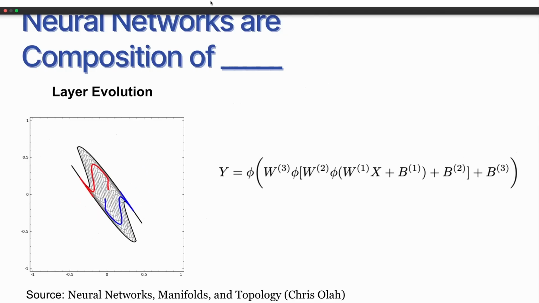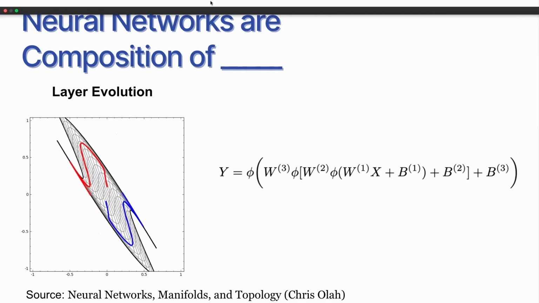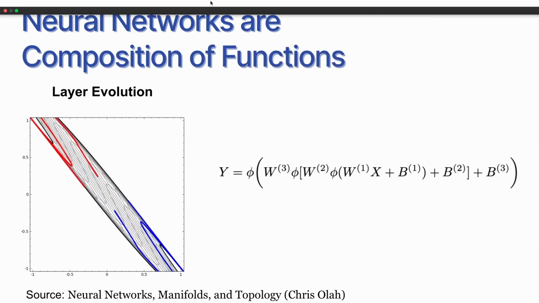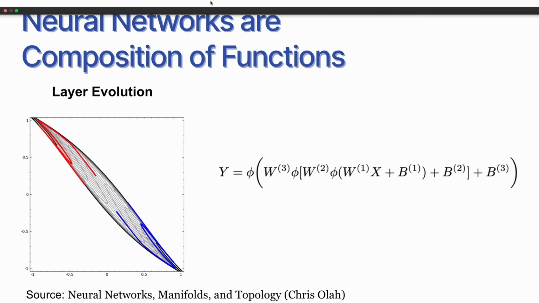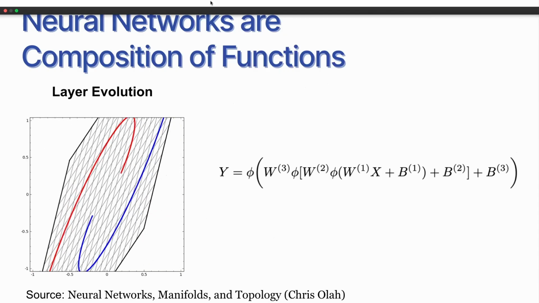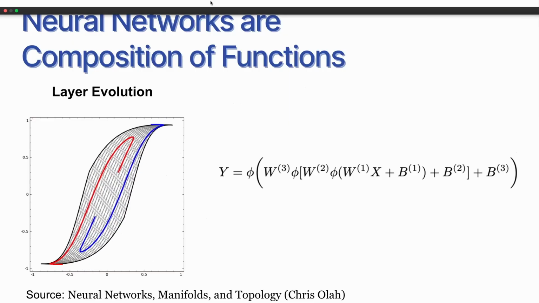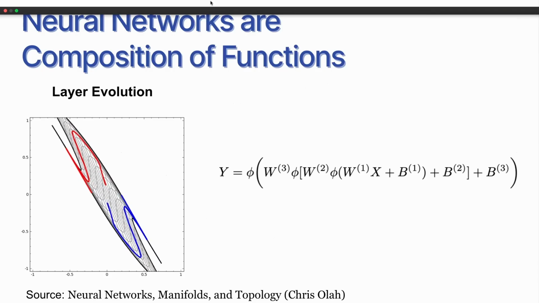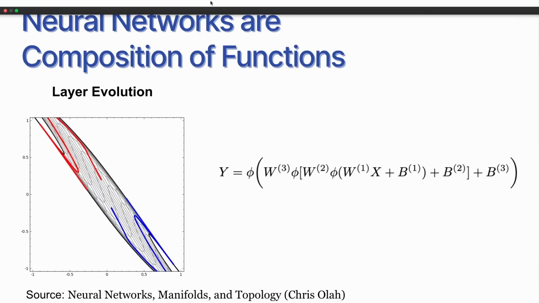Everything's a function. And they're a composition of a weighted sum plus a bias wrapped around an activation function. And then you do a weighted sum plus a bias around that activation function. And you repeat that over and over again until you reach the last layer. That's your neural network.